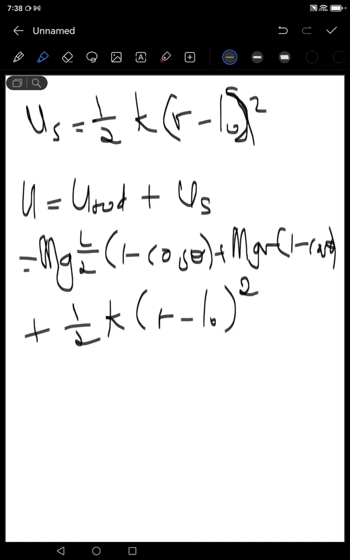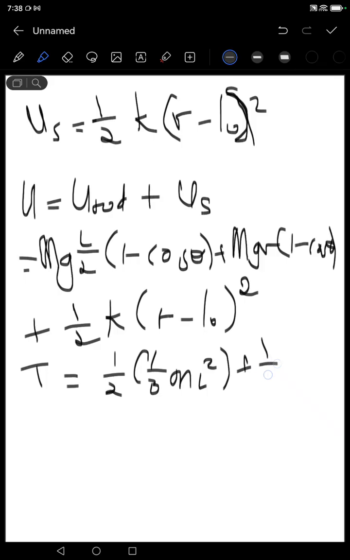Okay, so this is our potential energy, and then our kinetic energy was 1 over 3 m L squared plus 1 over 2 m into (r dot squared plus r squared theta dot squared), like this.